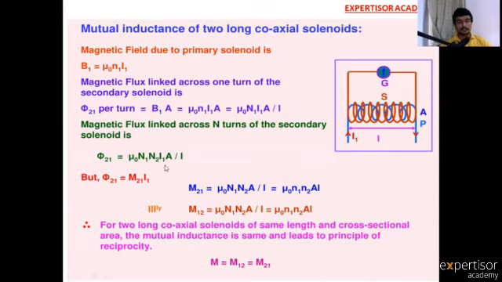So that is the mutual inductance of the secondary coil with respect to the primary coil. So M21 here is mu naught N1 N2 A divided by L.